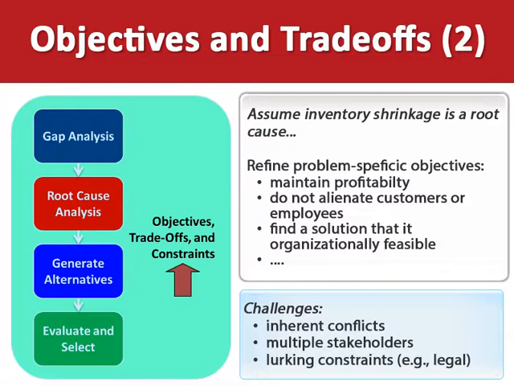We have customers, we have owners in some cases, we have the employees. Each one of these stakeholders, each one of these constituencies has a different view of what counts as an effective trade-off. And finally, we'd have lurking constraints like legal issues, insurance issues, and so on that really constrain your ability to act as a decision maker.